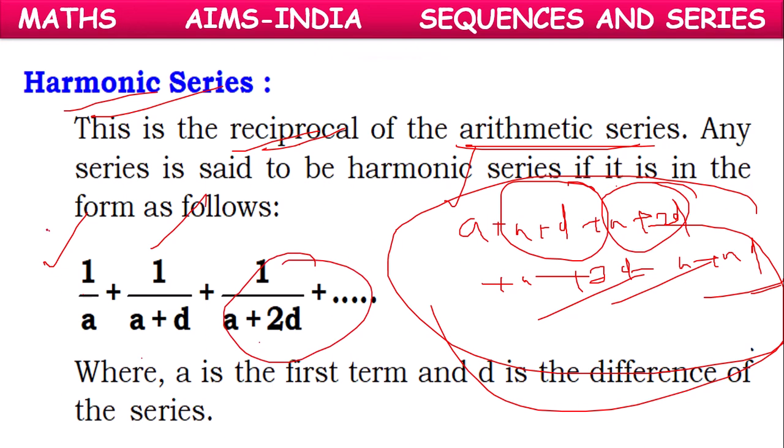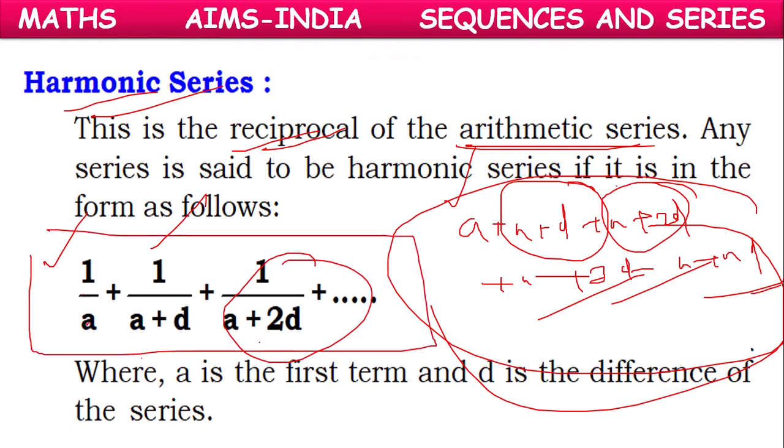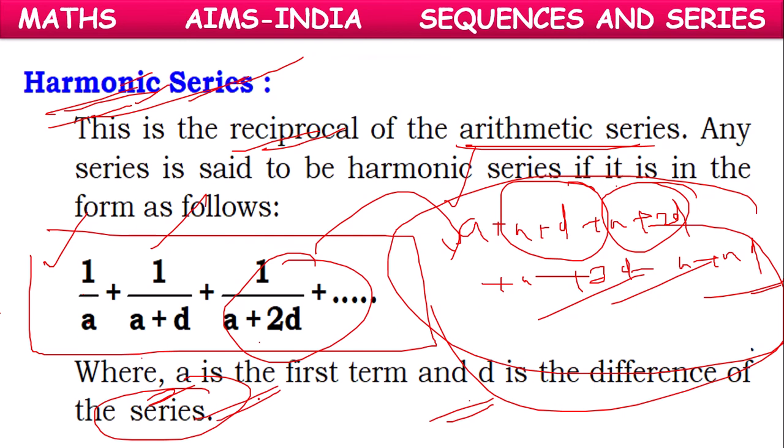Because this is the reciprocal of the arithmetic series, this is an example of a harmonic series, where A is the first term and D is the common difference of the arithmetic series, not the harmonic series.